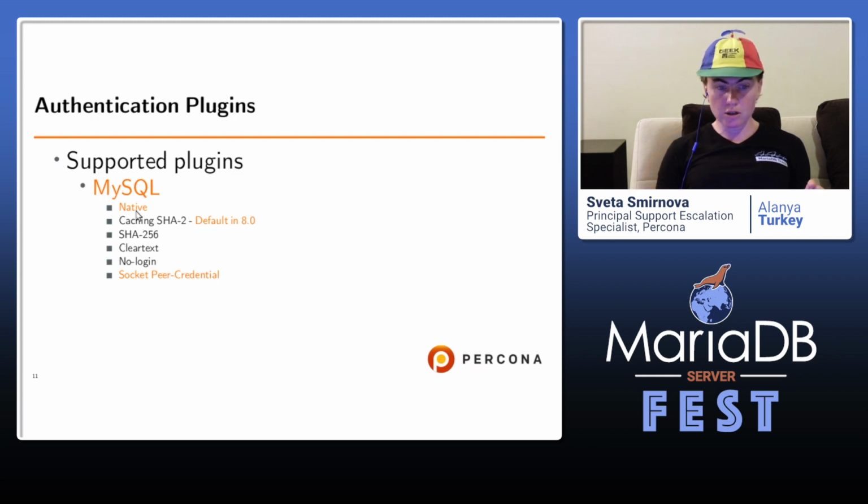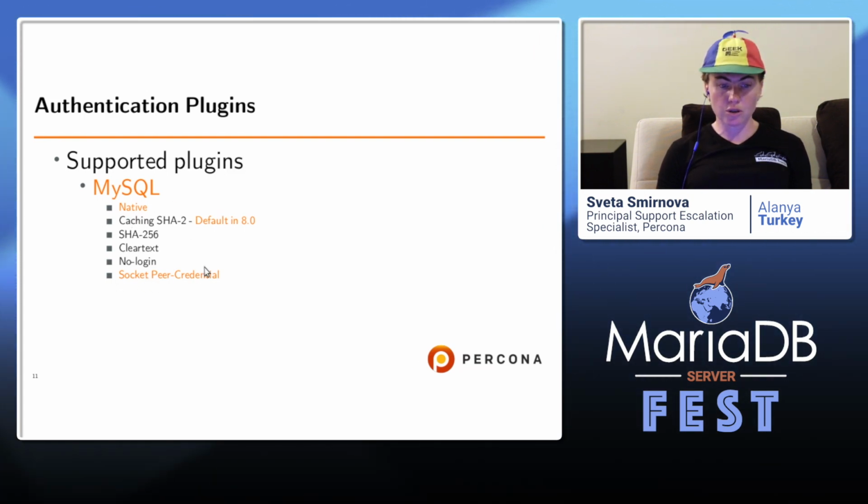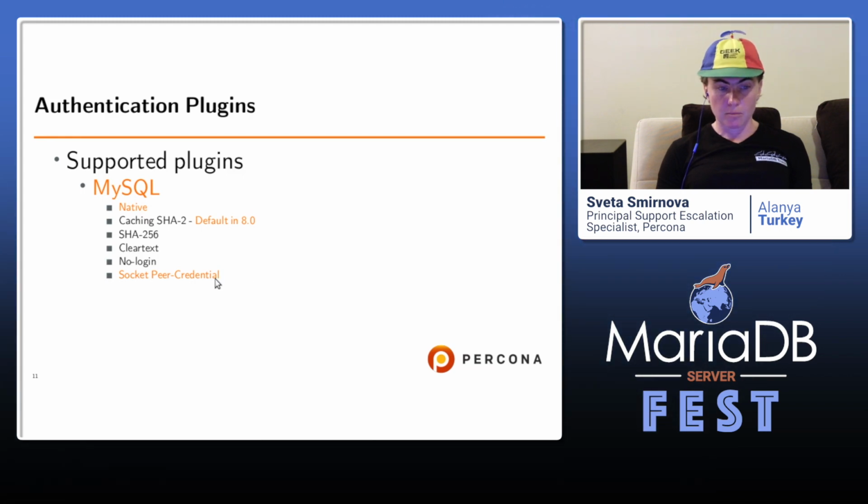In orange color I highlight what exists in both products. This is the native MySQL authentication plugin, and this is the socket peer credential plugin. MySQL supports SHA-256 or caching SHA-256, which is default in 8.0.